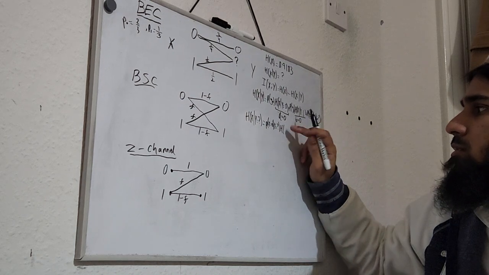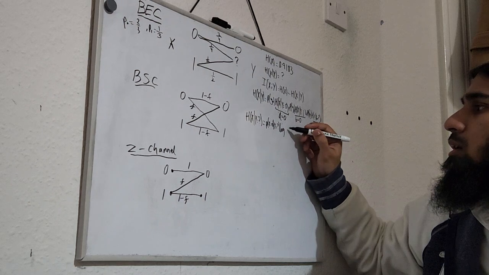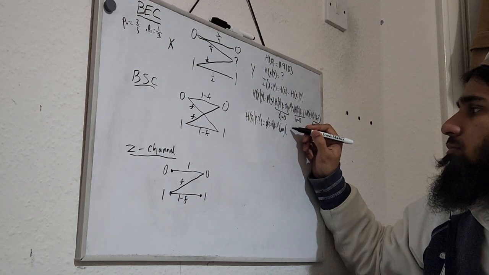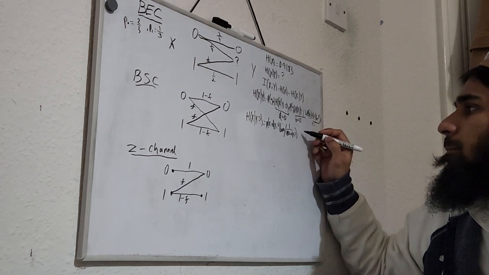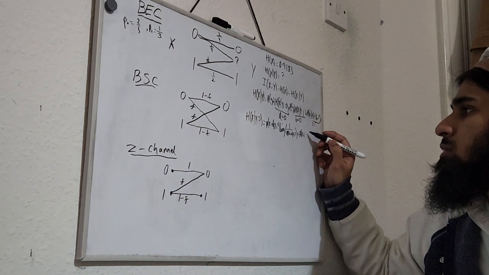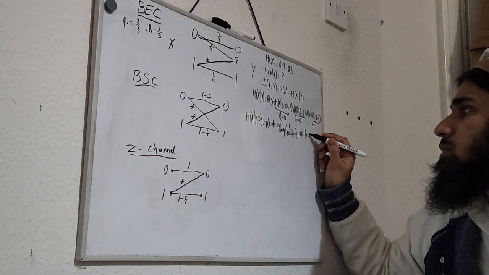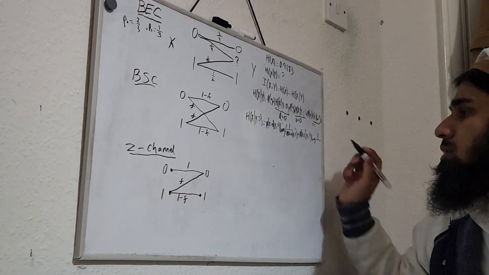H is, you need to go for the logs now. Log 1 over probability that x is 0 given y is question mark, plus probability that x is 1 given that y is question mark, and then log opposite of that.